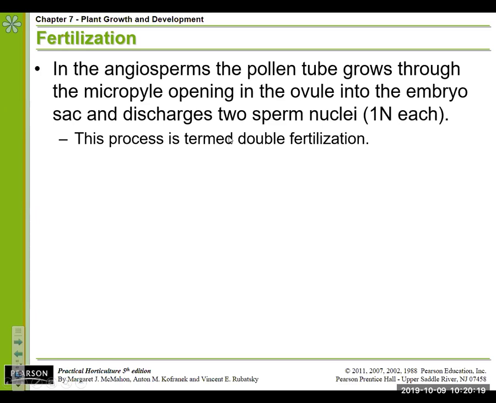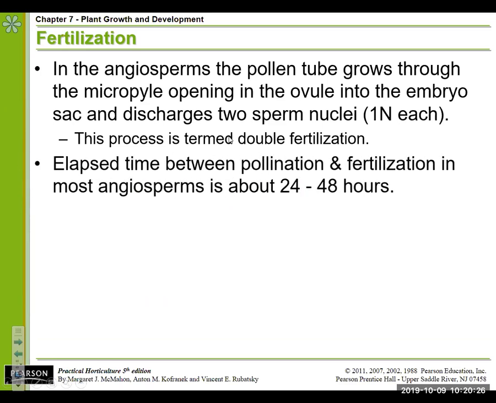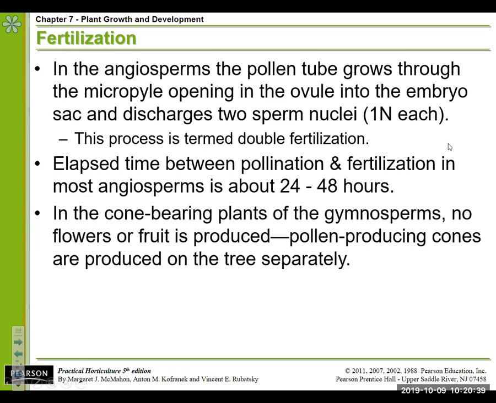Fertilization is when that pollen grain actually reaches the ovules and we have those gametes mixing. And we can look at that in terms of time between pollination and fertilization. In most of the flowering plants it occurs in 24 to 48 hours, pretty quickly. In the cone-bearing plants, the gymnosperms, no flowers or fruit is produced. Just the cones are, basically, developing a larger seed.